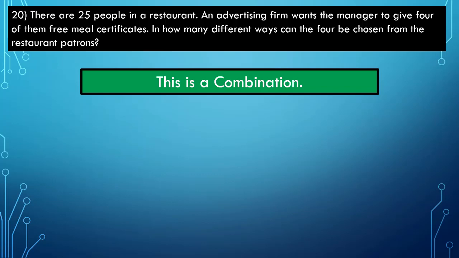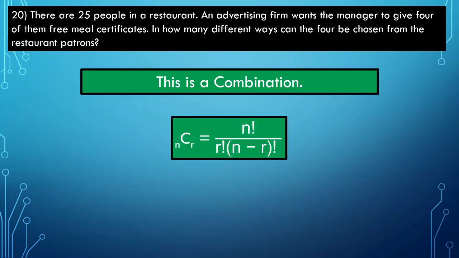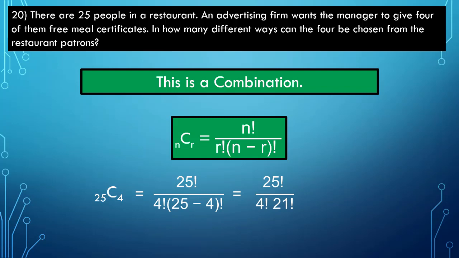In a combination, that's nCr. So nCr equals n factorial over r factorial times n minus r factorial. In this case, our n is 25 and our r is 4. So we're looking for 25C4, which is going to be 25 factorial over 4 factorial, 25 minus 4 factorial, which is 25 factorial over 4 factorial, 21 factorial.